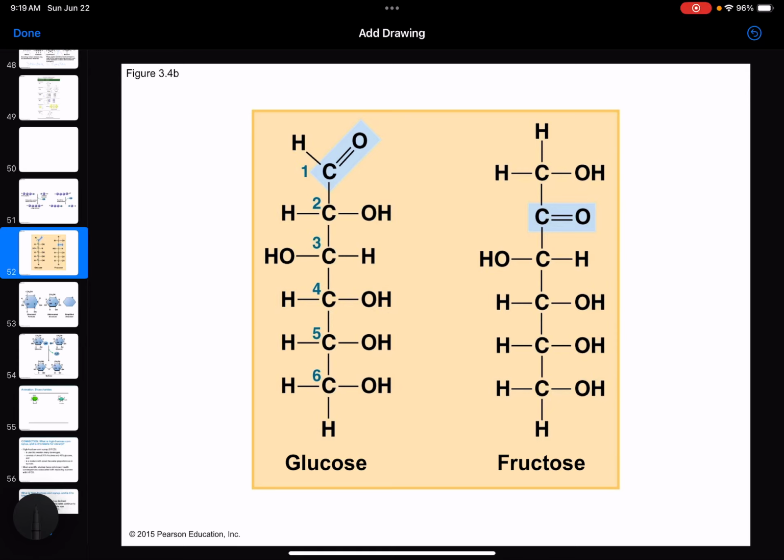Okay, we're back now to go into carbs, lipids, proteins, nucleic acids. So at this point, we've covered the basics of organic chemistry, looking at hydrocarbons as our principal model of organic molecules.